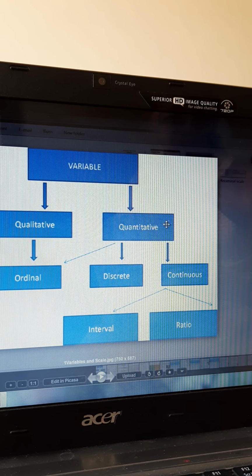scale variable. Next is variable which is qualitative data. What is qualitative data? Qualitative data is, give your opinion on the taste of food. Give your opinion on your satisfaction level. Give your opinion on stress level.